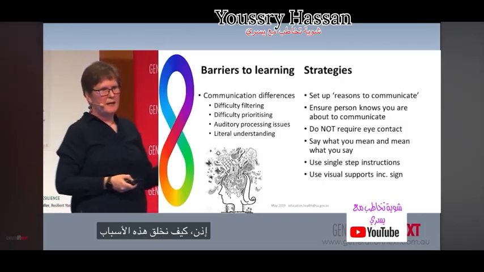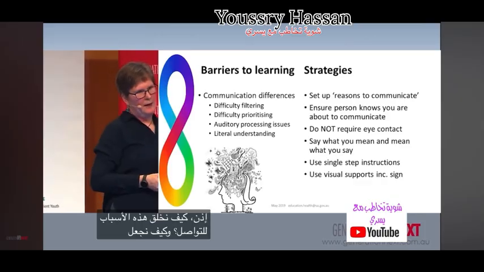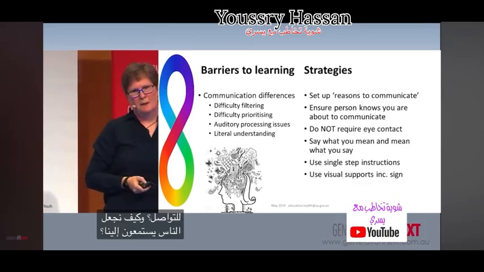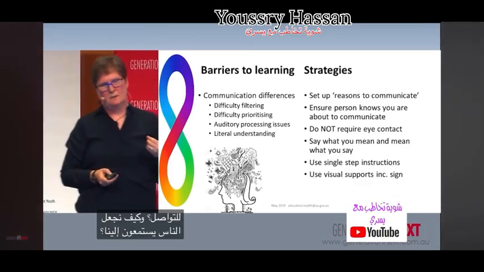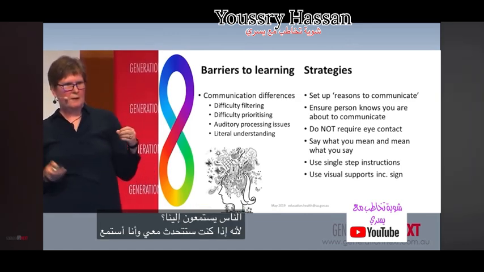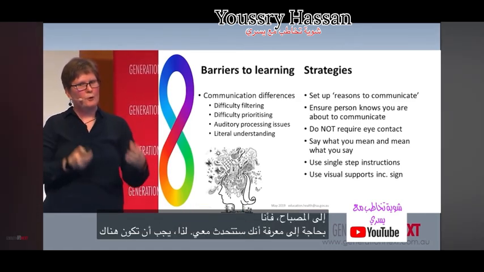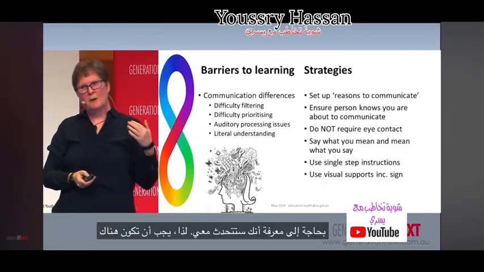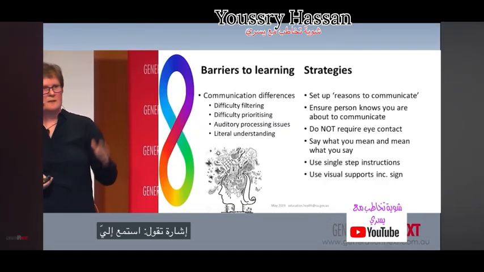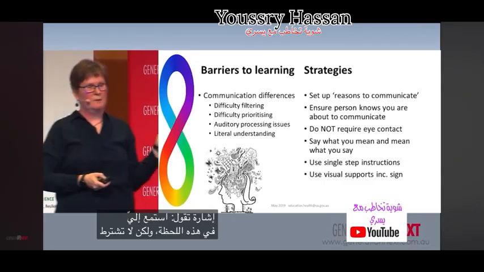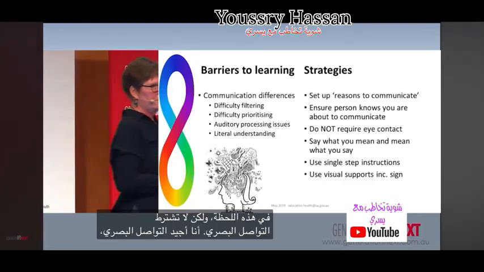So how do we set up those reasons to communicate, and how do we get people to listen to us? Because if you're going to talk to me and I'm listening to the light bulb, I need to know that you're going to talk to me. So have some signal that says, listen to me at this moment, but don't require eye contact.